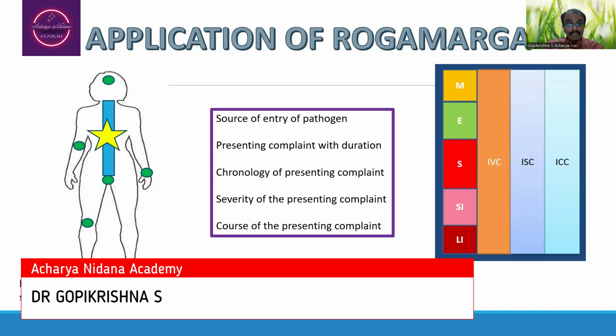That means there may be a possibility that fewer pathogens are entering into the human body, or it may indicate the response to treatment that can be predicted. So that is what we can see, the course of the presenting complaint can be deciding.